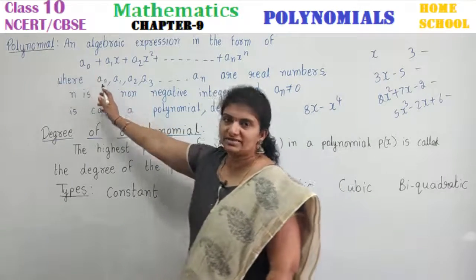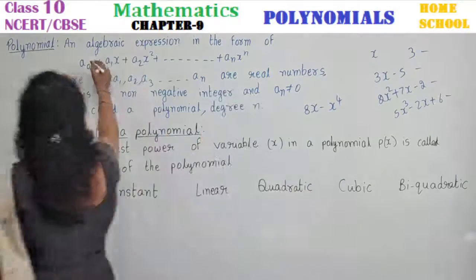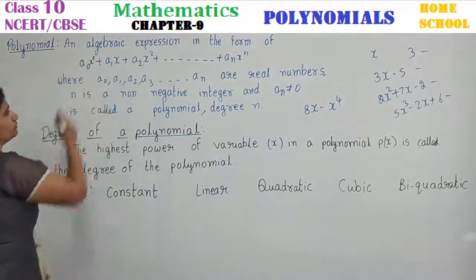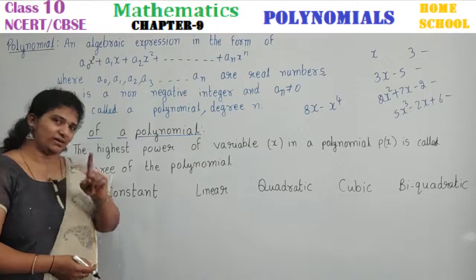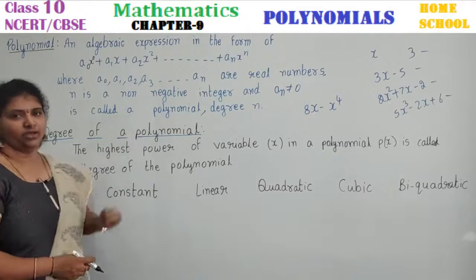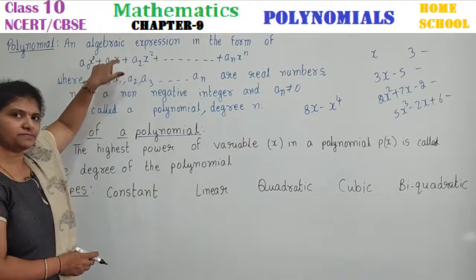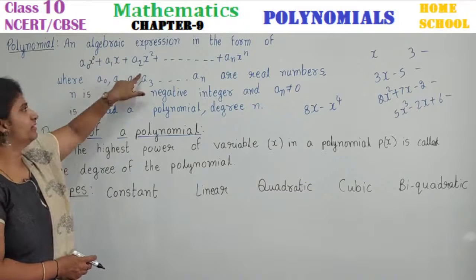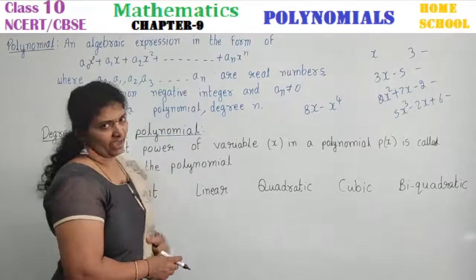a0 plus a1 x power 1, and you can see here x power 0. What is the value of x power 0? It will be 1, so they did not write x power 0 here. a0 x power 0 plus a1 x power 1. X power 1 is x itself. Plus a2 x square plus so on, an x power n.